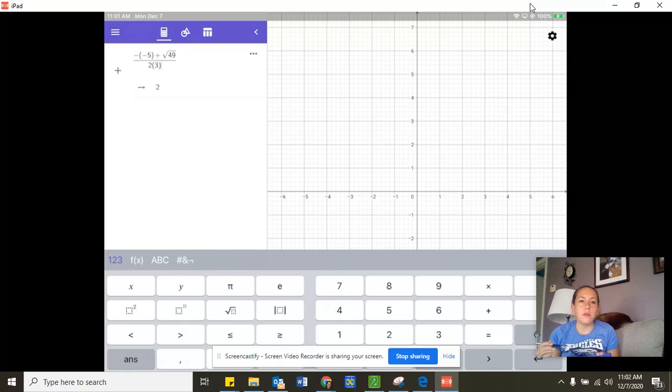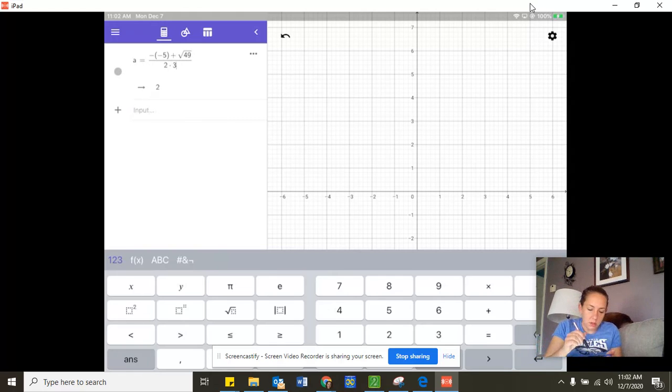So if yours is in like a big fraction like that, then you're fine. If not, like the way it was doing it before, the calculator was about to do it all out of order of operations. So you need to make sure it looks like that. And I can click enter. My first answer is 2. Then I can just come up here and change that to a minus.